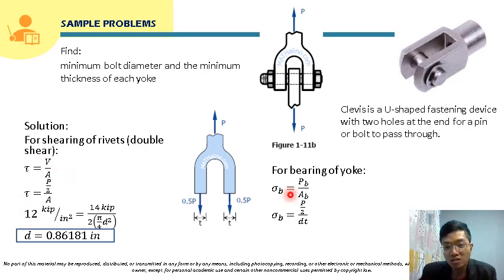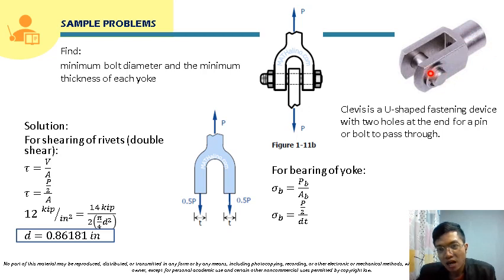So our PB here will just be P over 2, just like the shearing force. The bearing force is P over 2 over the bearing area, which is the projected area of the bolt. The contact area will be here, at this side, since the bolt will be pushed here.